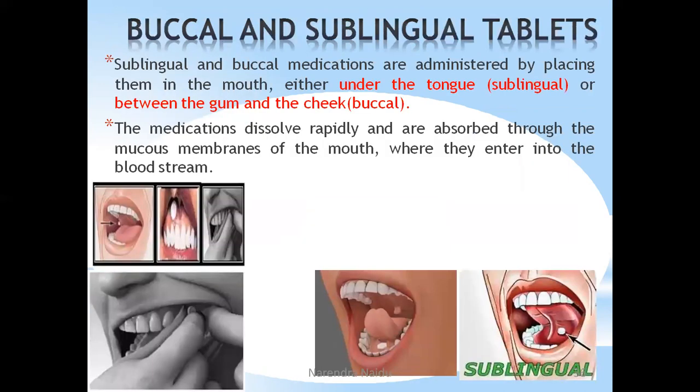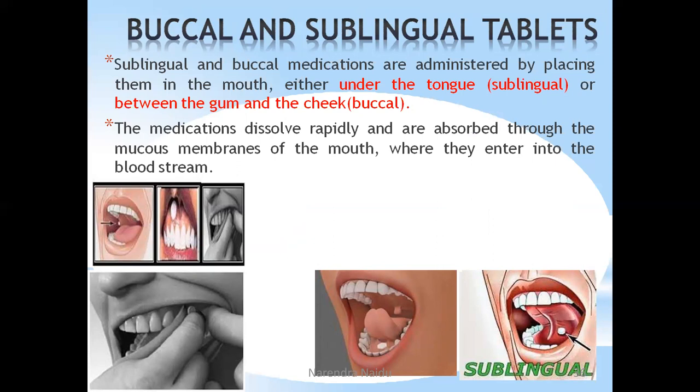And next, buccal and sublingual tablets, you can see very well. So sublingual and buccal medication. Sublingual tablets means what? The tablets which can be placed under the tongue are called sublingual tablets. And the tablets which are placed between the gum and the cheek of your face, in the buccal portion, are called buccal tablets.